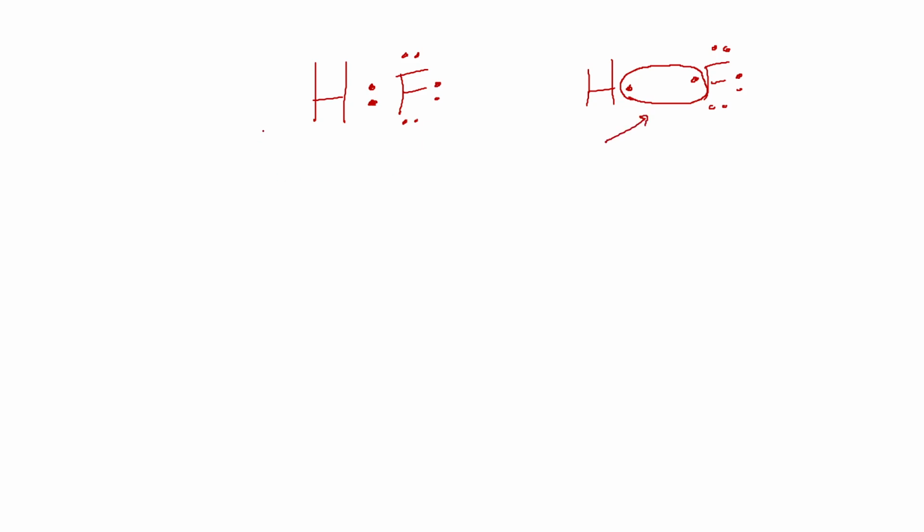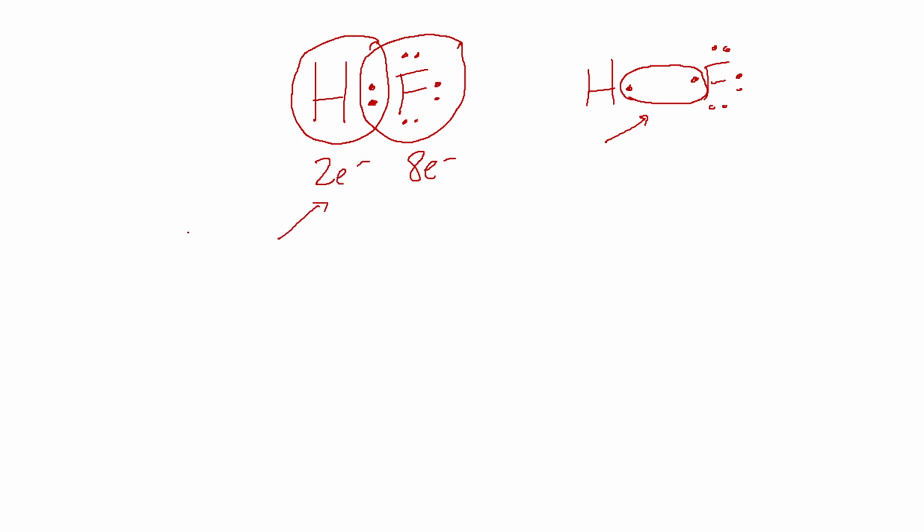We're going to get that sharing occurring. What happens in this case? Well, fluorine gets the 8 electrons, with the sharing of those electrons with hydrogen. Hydrogen gets the 2. Boom. Hydrogen again gets that duet rule and gets to 2 electrons and is very happy. And looky there, fluorine gets to 8, which is sometimes referred to as the octet rule.